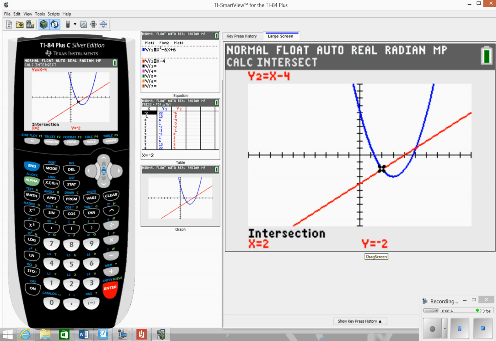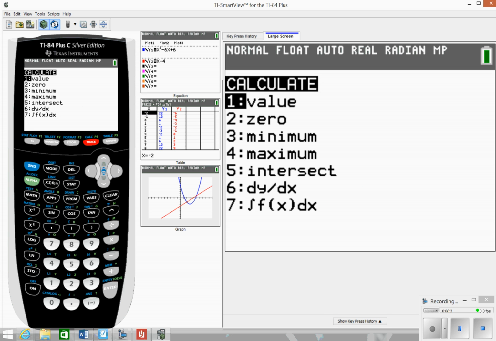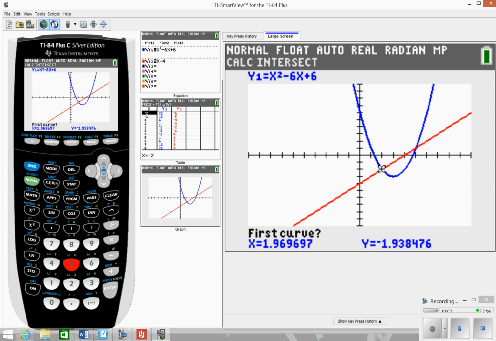And then I repeat the process to verify that other intersection point. So second trace, number 5 for intersect, scroll over till I get close, hit enter 3 times to answer all those questions. You get 5, 1, that verifies the other.